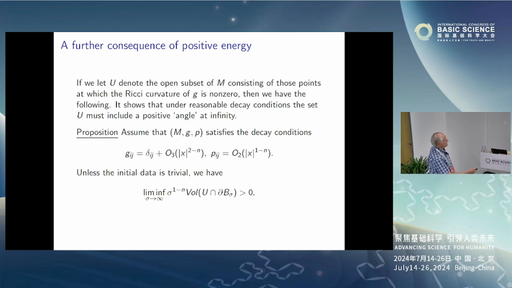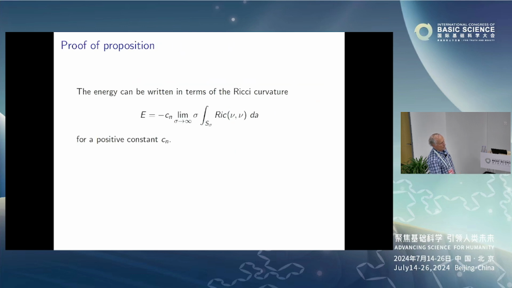Let me just indicate this. It is actually quite an easy theorem to prove if you rewrite the energy. There is another expression for the energy in terms of the Ricci curvature. You can replace that boundary term on the sphere, which I wrote down in coordinates, by a coordinate-free expression, namely the Ricci curvature in the normal direction, the metric, and a factor of sigma, and then again the limit as sigma tends to infinity, and a dimensional constant appears out the front.